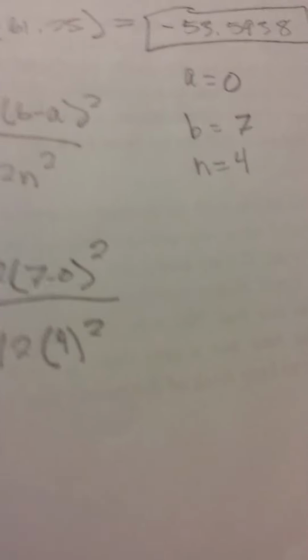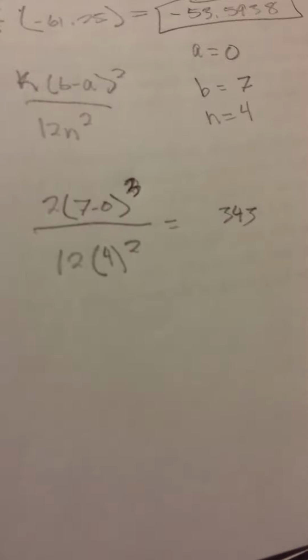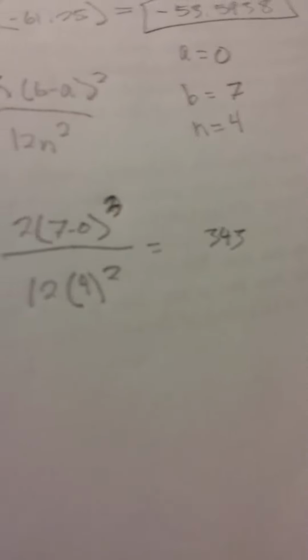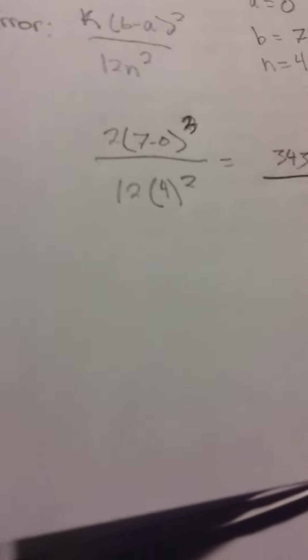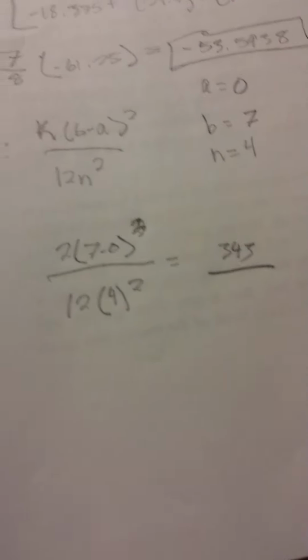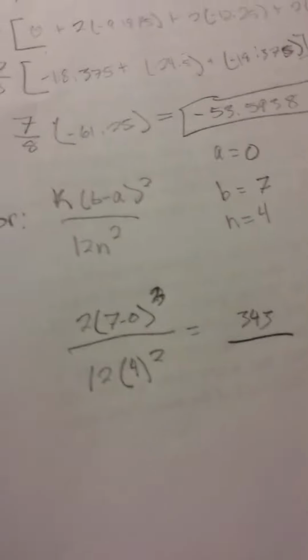So 49 times 7 is 343. Let's double check that. Okay, I wrote this wrong, it's supposed to be cubed. So 7 cubed is 343. And 12 times 16 is 192.